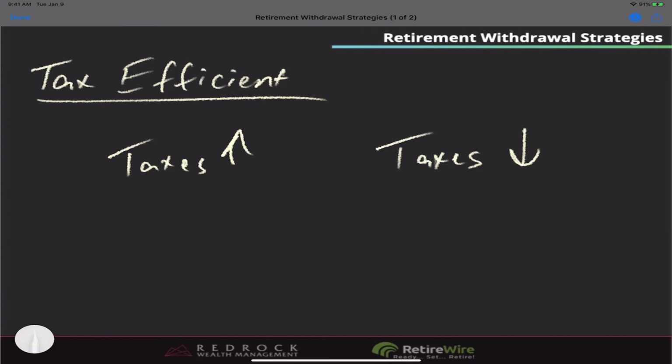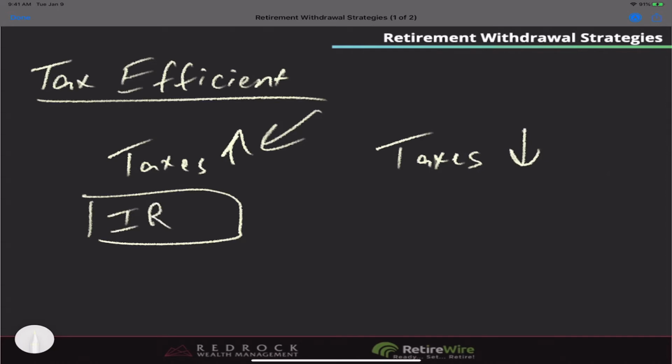If you expect your taxes to be higher, for example, and let's just say you're paying a blended rate of 20% now, if you expect that to be 22 or 25, then what you really want to do is take that money out of the IRA, the pre-tax accounts, IRAs, 401ks, things like that. Because why not pay the taxes now at a lower rate?